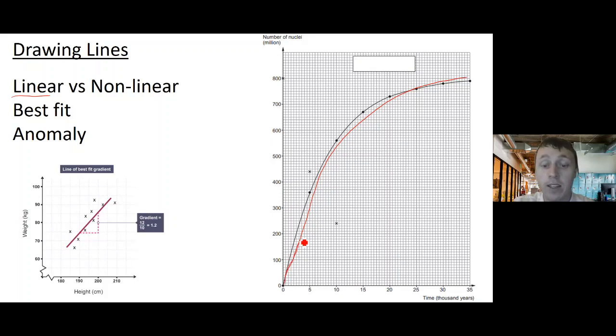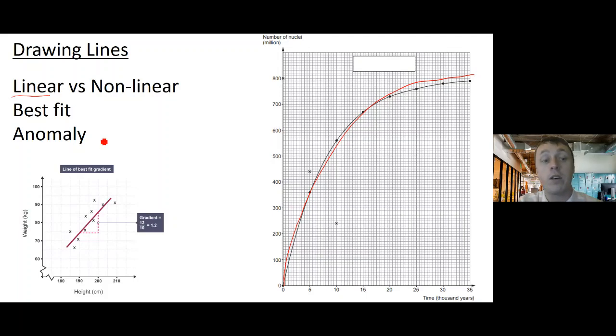Don't do a second attempt to try and show it more clearly, because what that does to the examiner is show you have tried to make the line thicker. You've not made it as clear. If it's like that, you should try to use a rubber to improve it, but always aim to do it in one clean movement. If it doesn't go through all the points, it's fine, because your curve of best fit demonstrates what's happening to the pattern in the data.